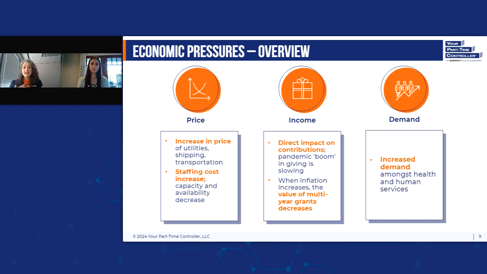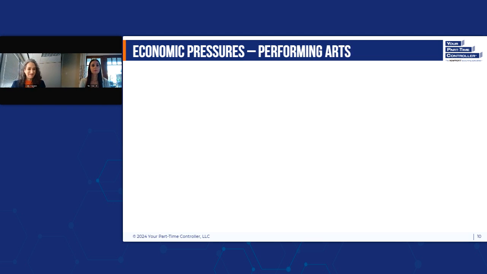Unfortunately, the arts had the opposite impact, despite the fact that we had the Shuttered Venue Operators Grant and the Paycheck Protection Program, which really helped sustain arts organizations. But we are still struggling as we're working towards that audience return. And I think Maria is going to get into some of the specifics for arts.